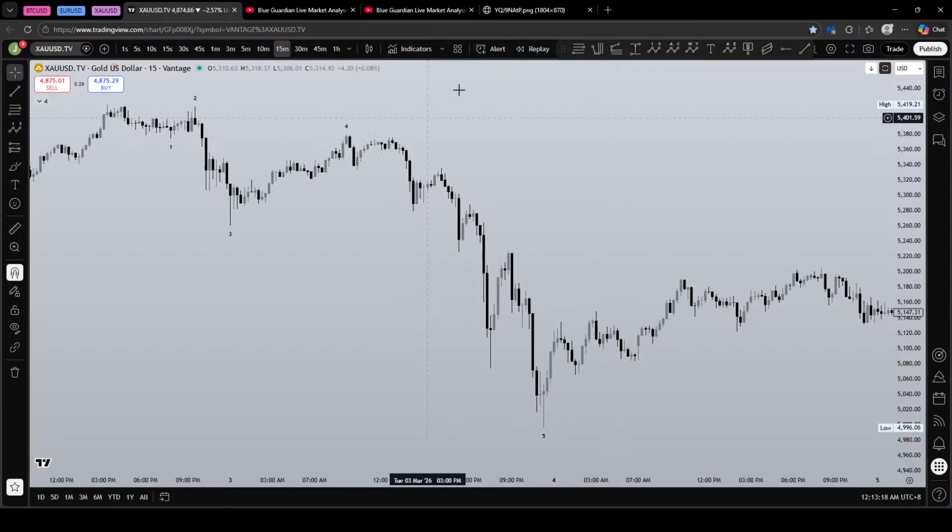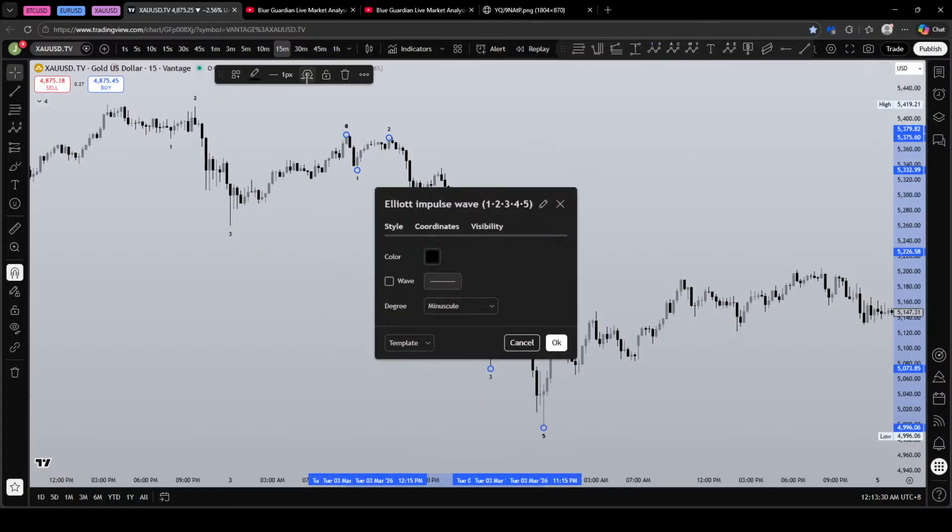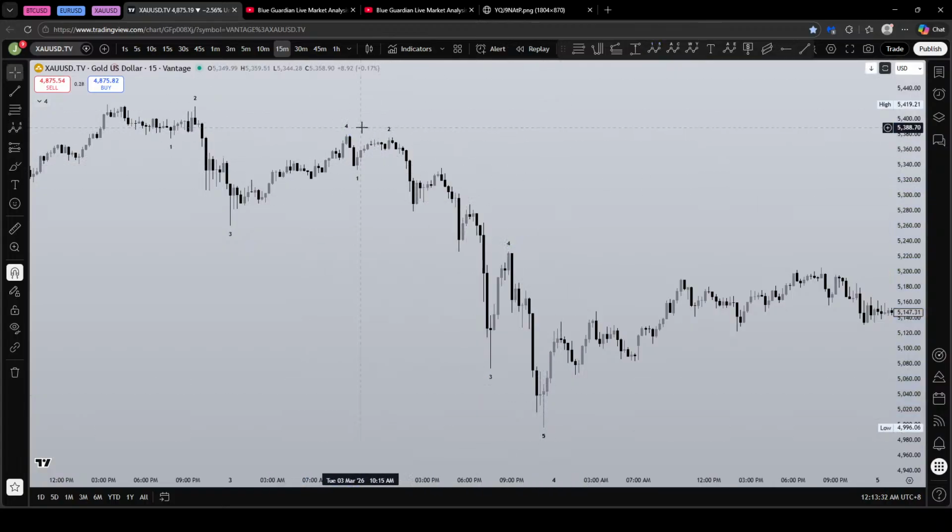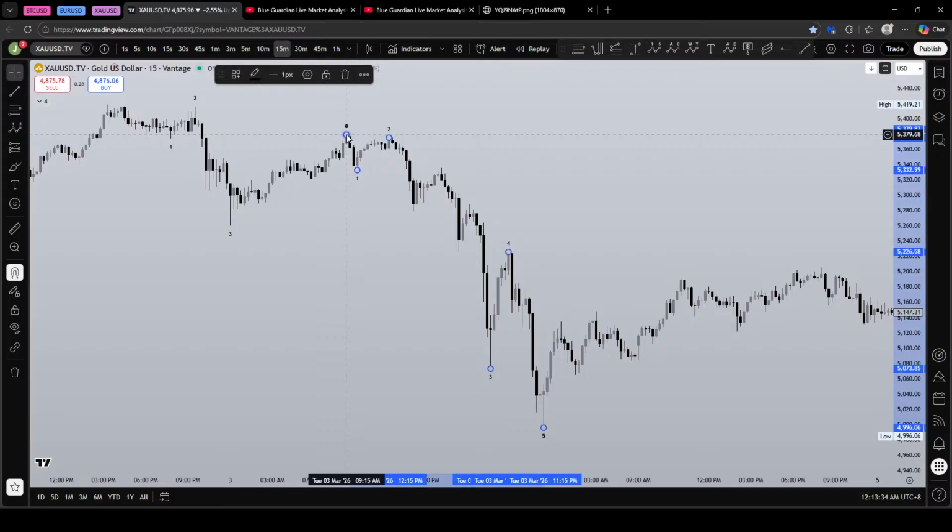The first one is that wave 2 cannot go beyond the territory of the origin. So if this is my origin, wave 2 should not break that price for it to be considered as a wave 2.